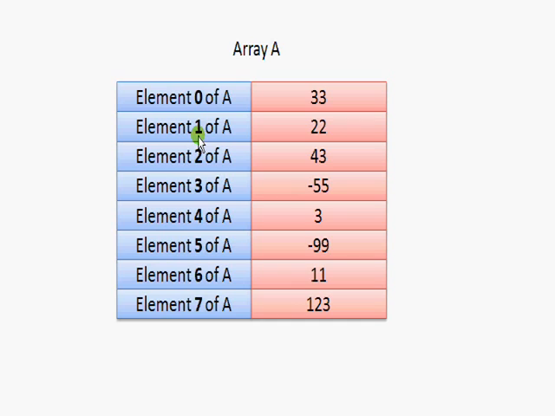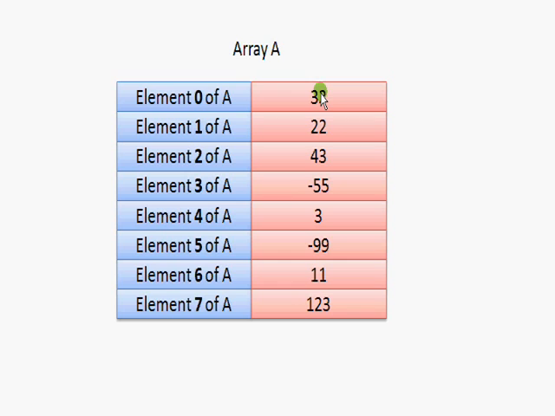So you have in total 8 locations, and each location here is used to store the same data type. So if this is an array of integers, it will store integers only. If this is an array of strings, it will store strings, and so on. Okay, now let's see how to use the array.